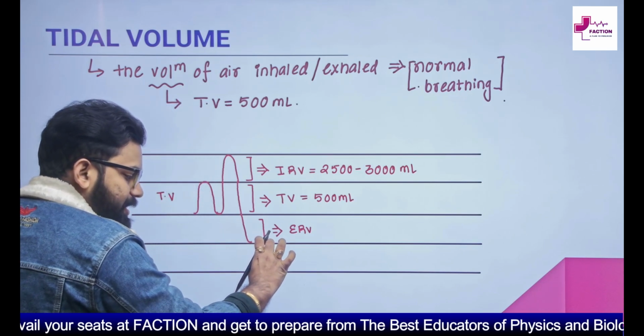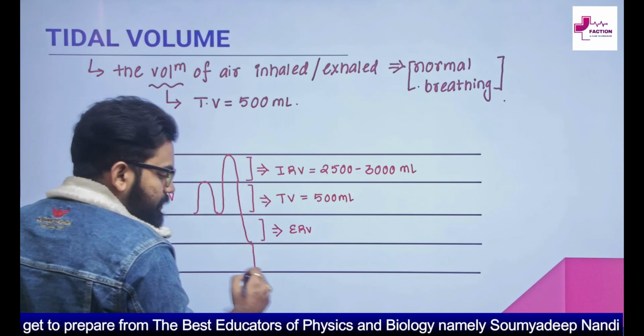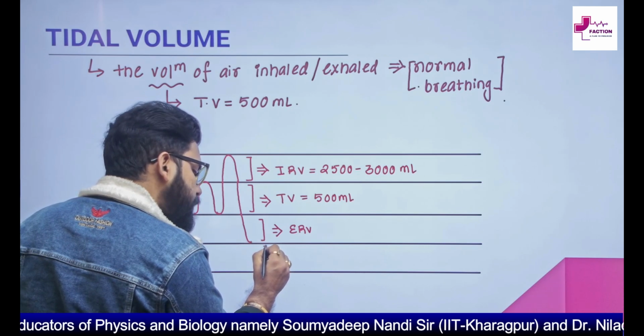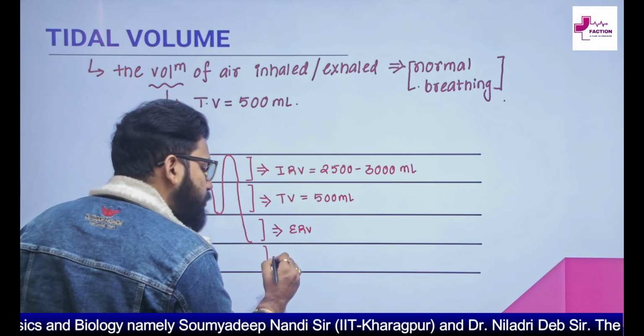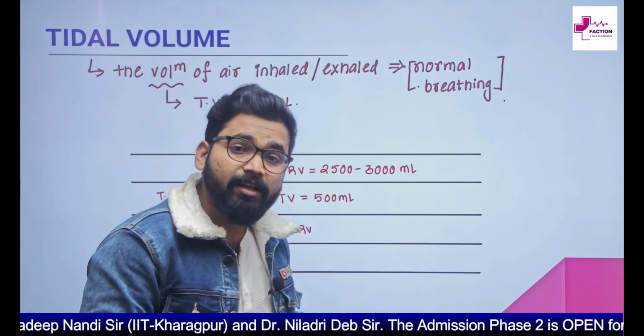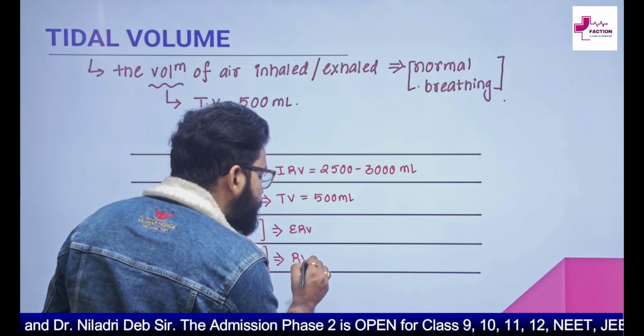You can still see another line. This represents the volume of air that is always present in the lungs. That is, you cannot exhale it even after forceful exhalation. This is known as residual volume.